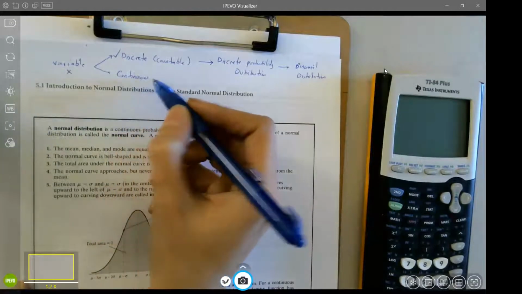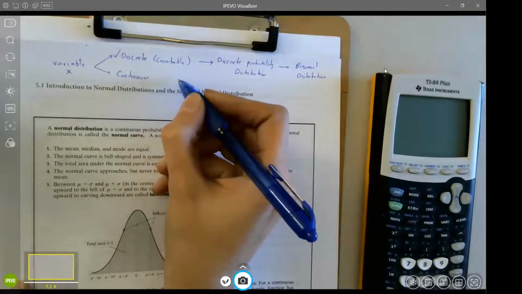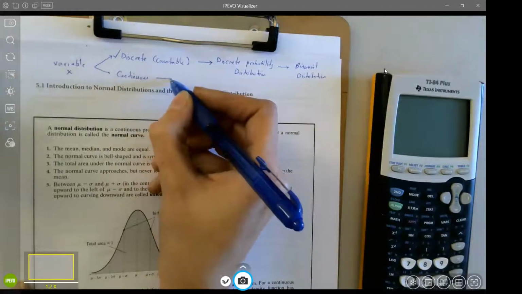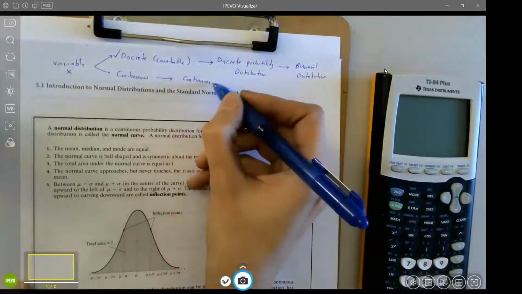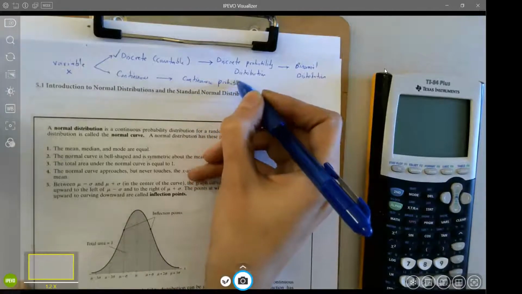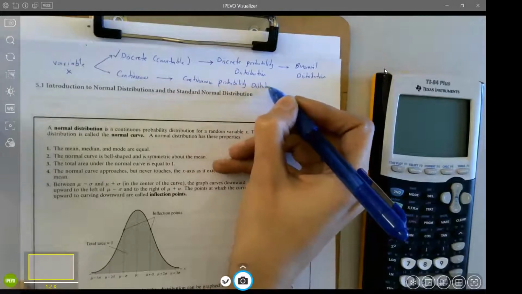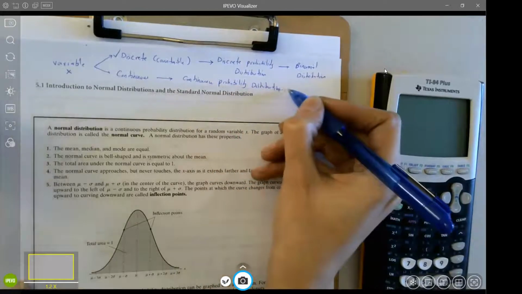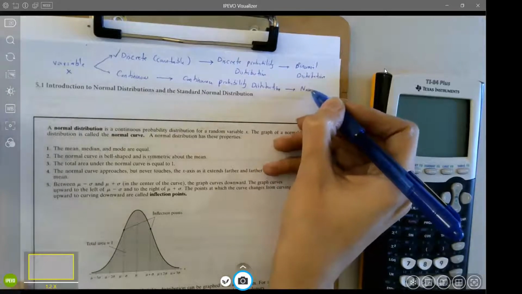So when you have a continuous variable, a variable that takes on values in between two numbers, we talked about a continuous probability distribution. Then after that, we're going to talk about a normal distribution.